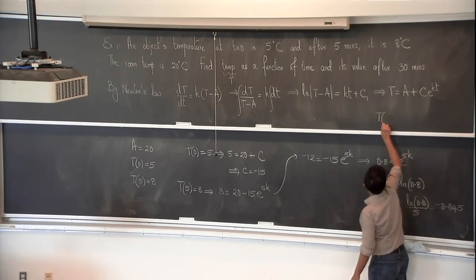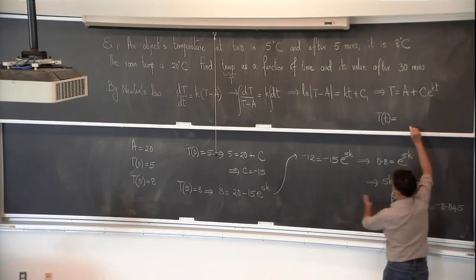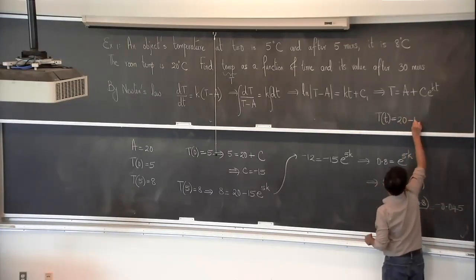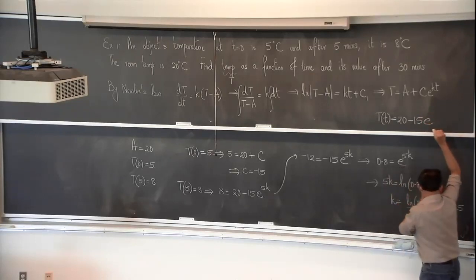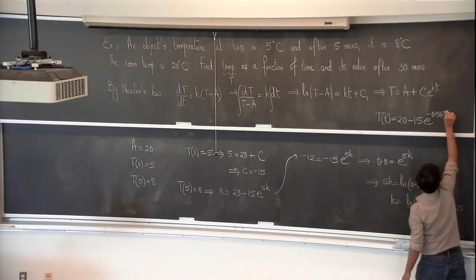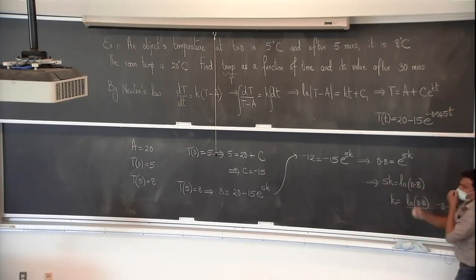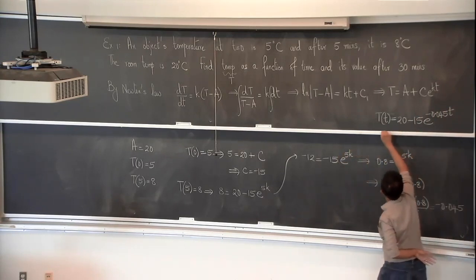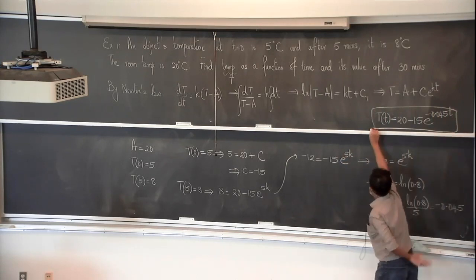So T of t, based on all these calculations, would be 20 minus 15 e to the power of negative 0.045 t. Put them in the right place. That is what it means by saying find temperature as a function of time. This is the answer for that part.